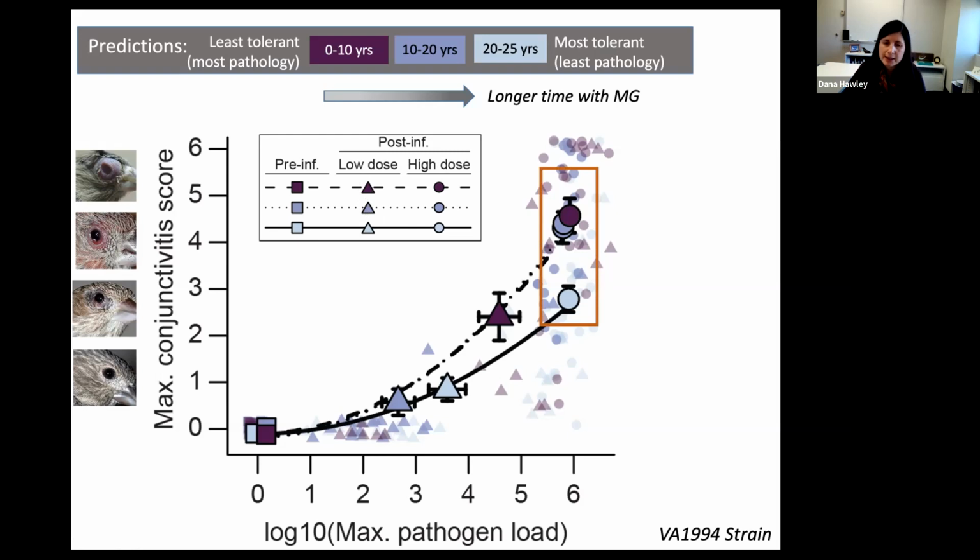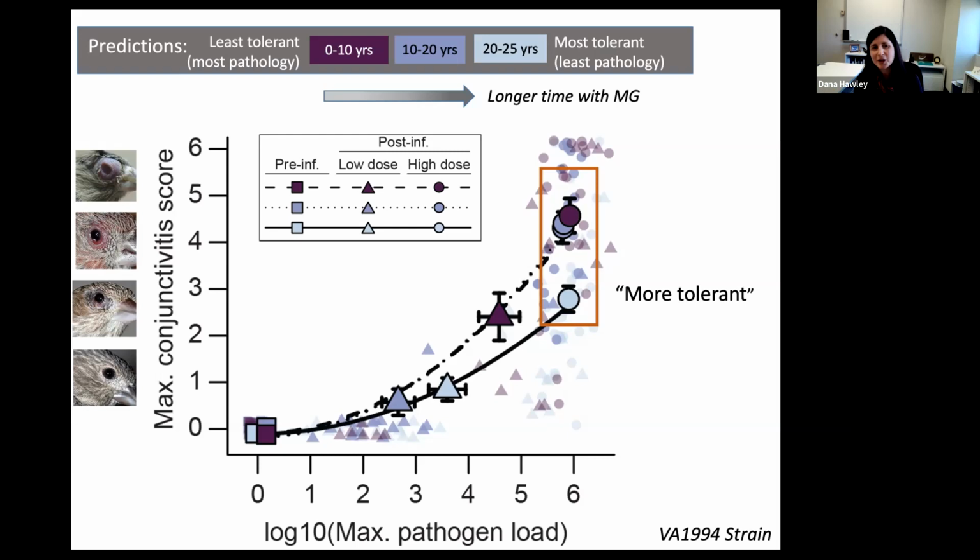I think what's really striking here is that all of the birds from all of these different populations had almost identical maximum pathogen loads here on the x-axis. So all of these birds following experimental infection in a common environment end up with billions of copies of MG in their conjunctiva, but they show very different conjunctivitis responses.